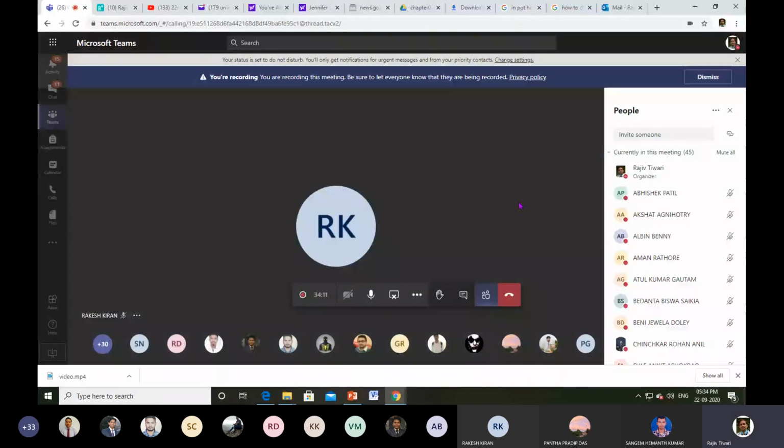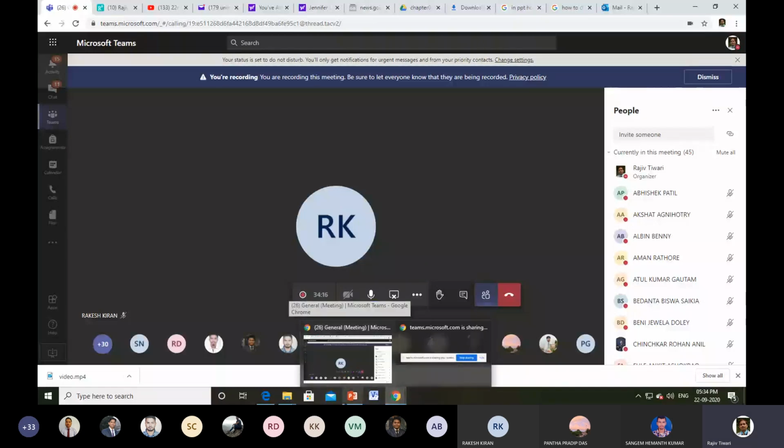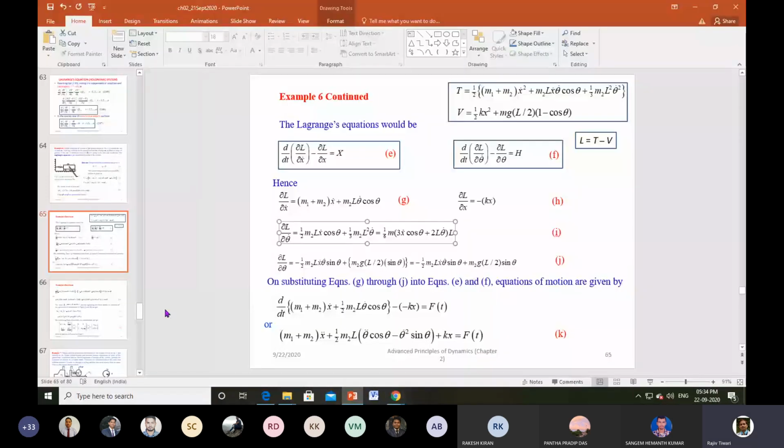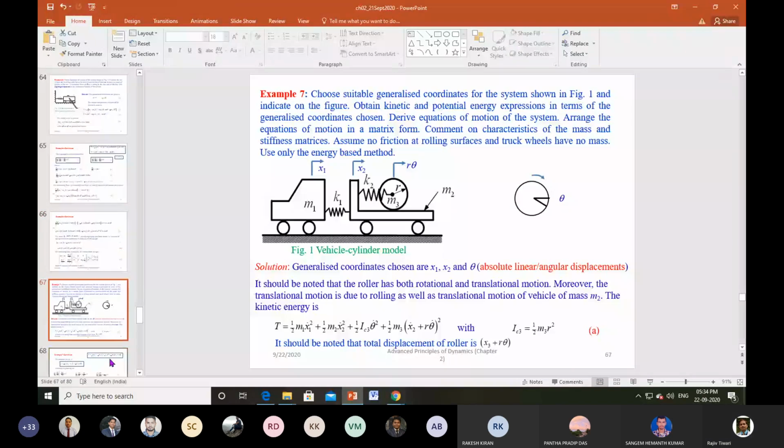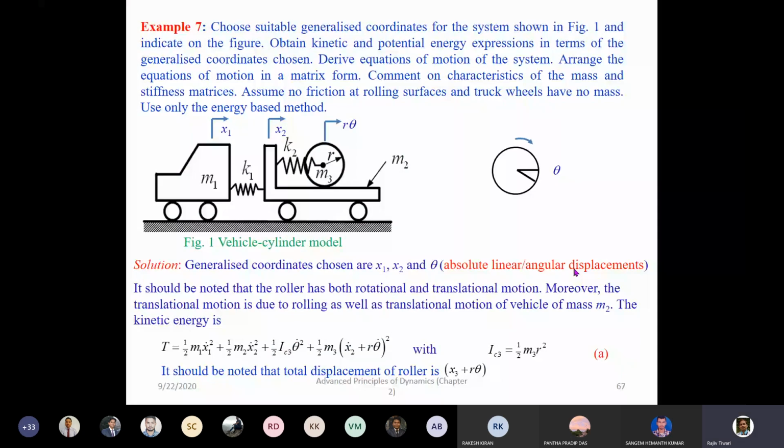Okay, so this example you have been seeing, and I think there are not many questions on that. So I'll take another question. Now here we have a vehicle model which is carrying some cylinder.